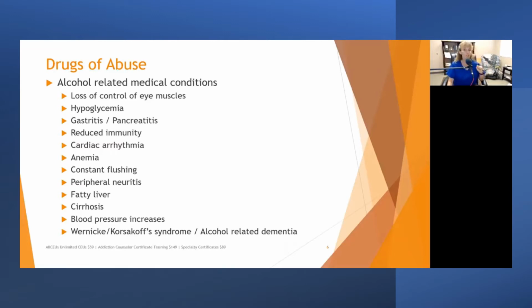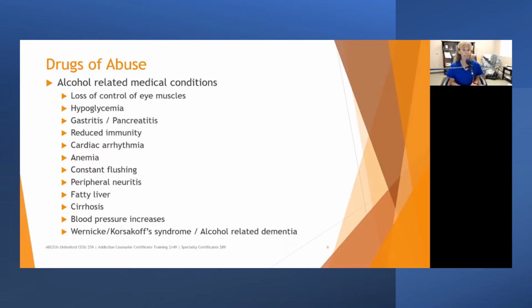So reduced immunity, cardiac arrhythmia, especially. Initially you have that sedative effect of the alcohol, so heart rate may slow down a little bit, but then when it starts to wear off and the body can't keep up, substituting what the alcohol was doing with GABA, the person may start to feel like their heart is beating really fast, or they may have arrhythmia, which is irregular heartbeats.